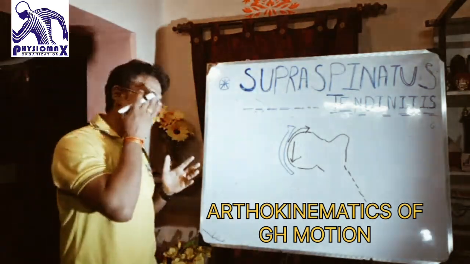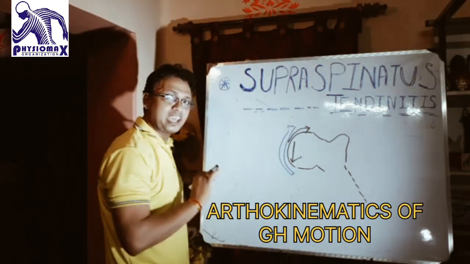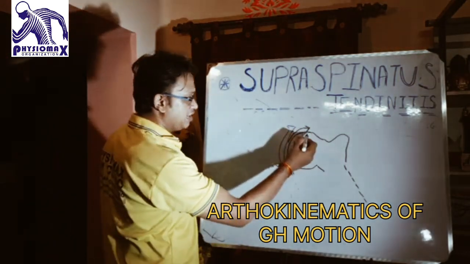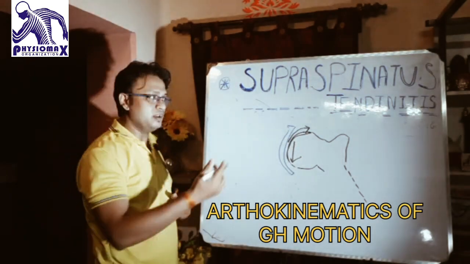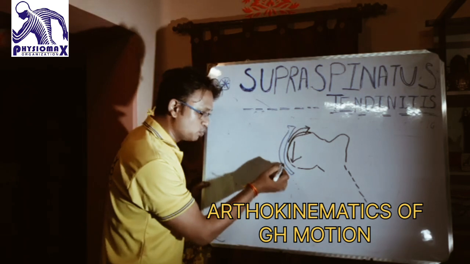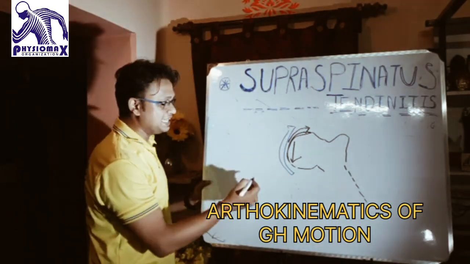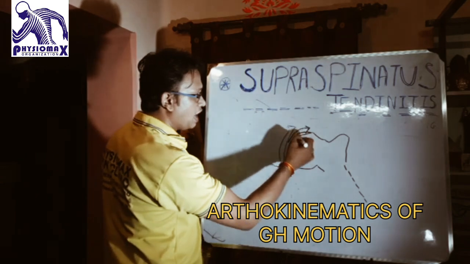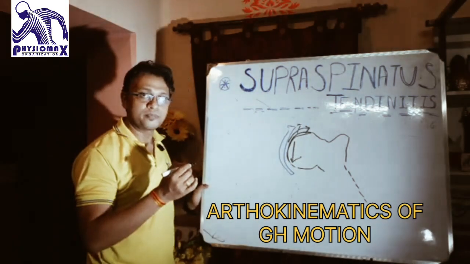As we know, the glenoid cavity is concave in nature and the head of the humerus is convex in nature. As per the law, when this convex surface moves over the concave surface of the glenoid cavity, it normally rolls upward, but it slides downward.